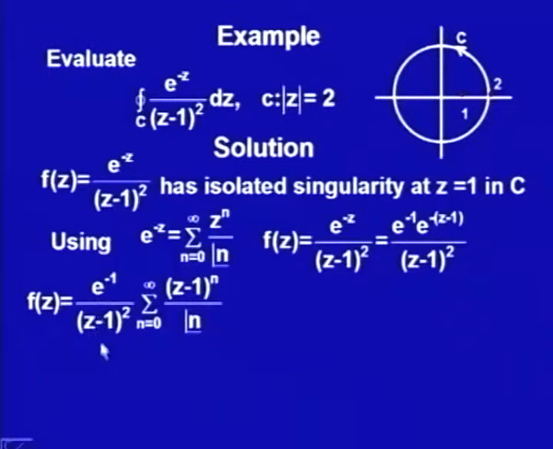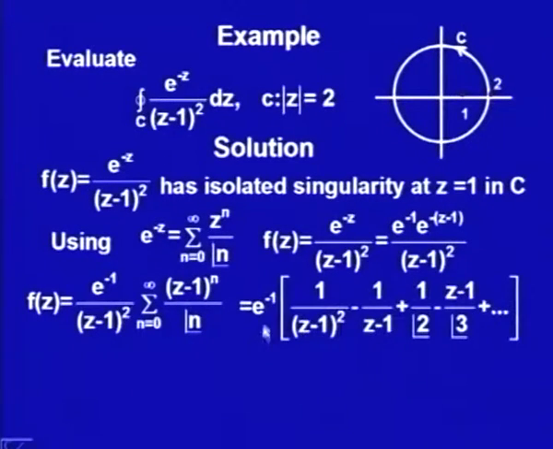So, now if I take this one, what would I get? I would get e to the power minus 1 times [1 upon (z minus 1) square minus 1 upon (z minus 1) plus 1 upon factorial 2 minus (z minus 1) upon factorial 3 plus (z minus 1) whole square upon factorial 4 and so on].